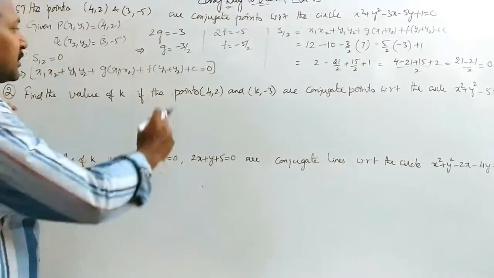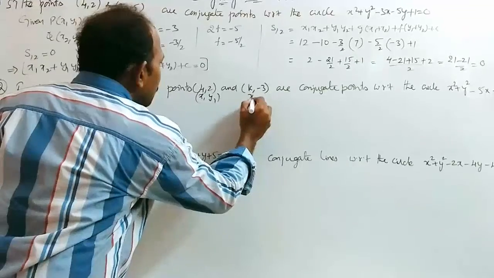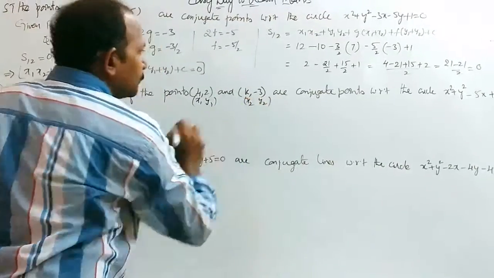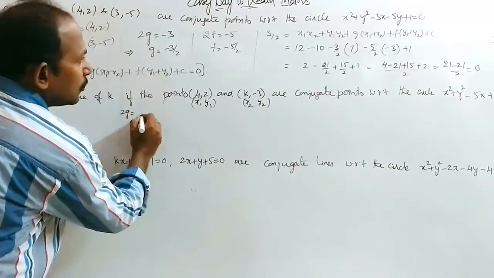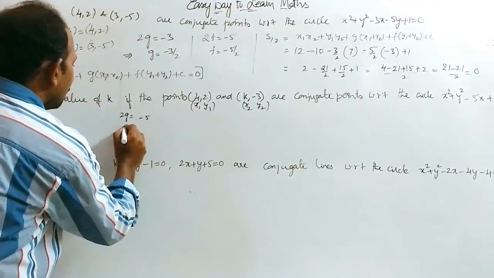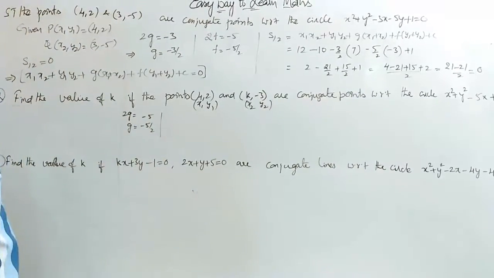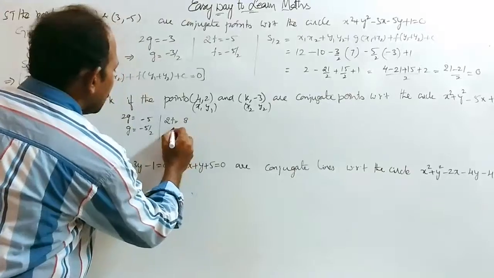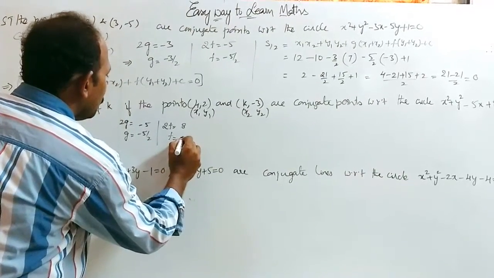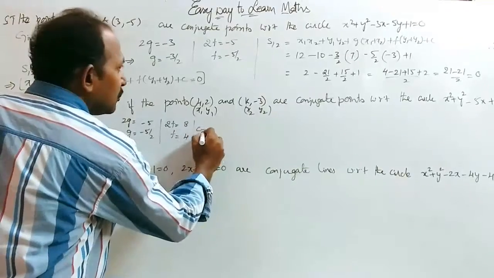Now let us compare: x1 y1, here x2 y2. Here 2g is equal to minus 5, therefore g is equal to minus 5 by 2. Here 2f is equal to 8, therefore f is equal to 8 by 2, that is f is equal to 4, and c is equal to 6.